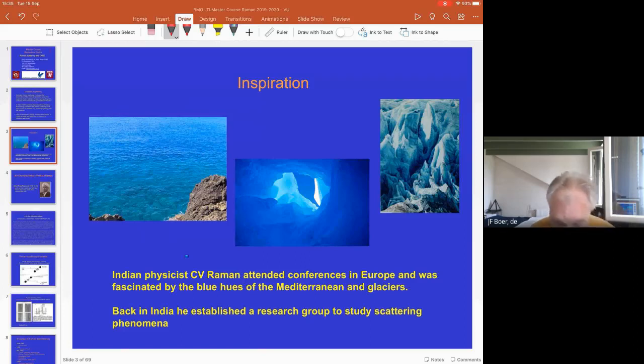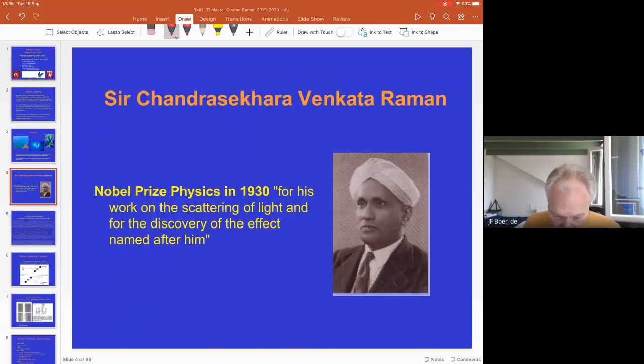And so back in India, he established a research group to study this scattering phenomena, and this is Sir Raman. And he won actually the Nobel Prize in 1930 for his work on the scattering of light and for the discovery of the effect named after him, the Raman scattering effect.